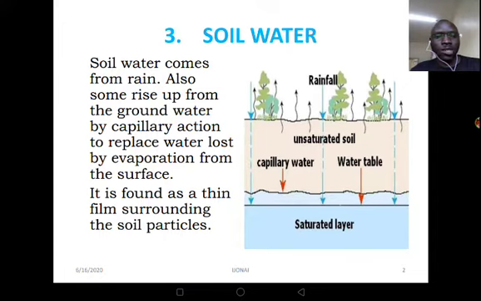Also, there is some water which is found down in the rocks. That water is also capable of moving upwards as a result of absorption by plants in a process we call capillarity. So those are two ways in which soil can get enriched with water: through rain and also through capillarity.